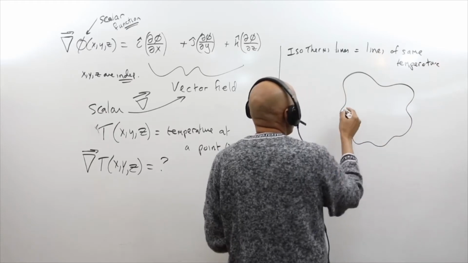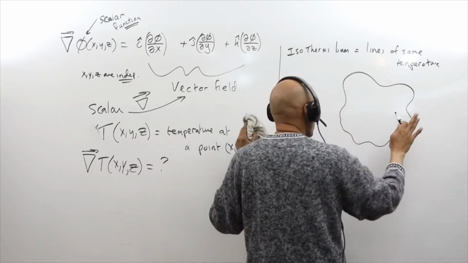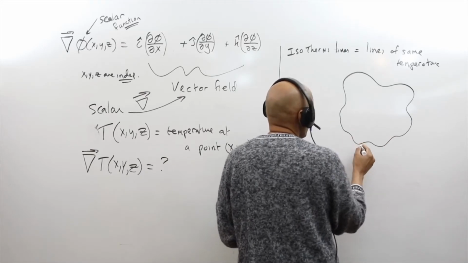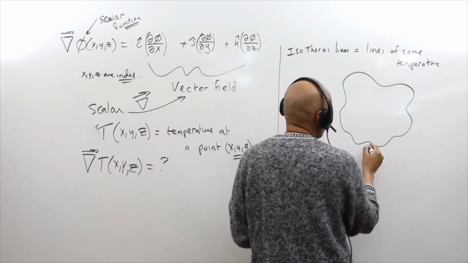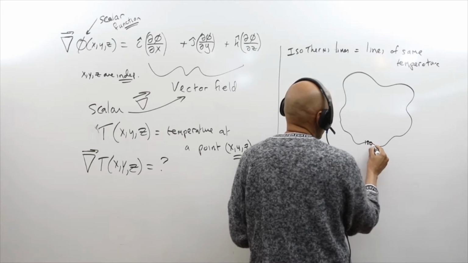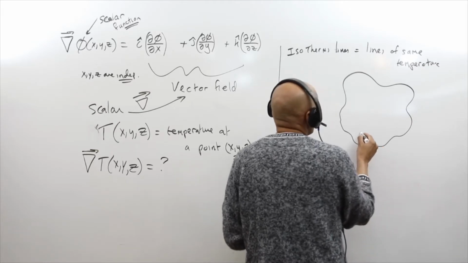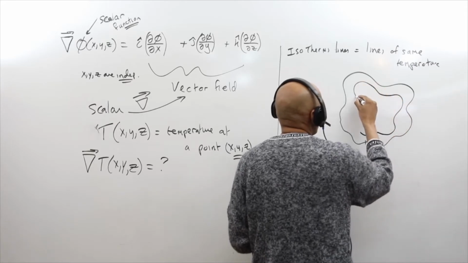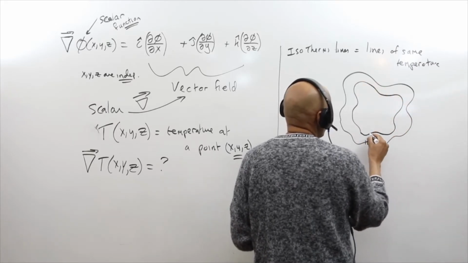For example, I'm only working in two dimensions to explain this three-dimensional surface, but in two dimensions, I find that along this line the temperature is, let's say, 100 degrees. Then at another point in the interior we get another isotherm line, and the temperature increases to 200.